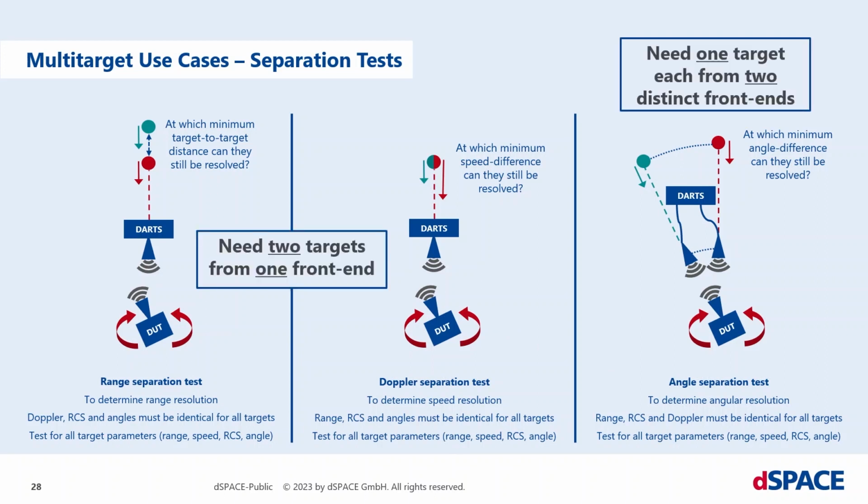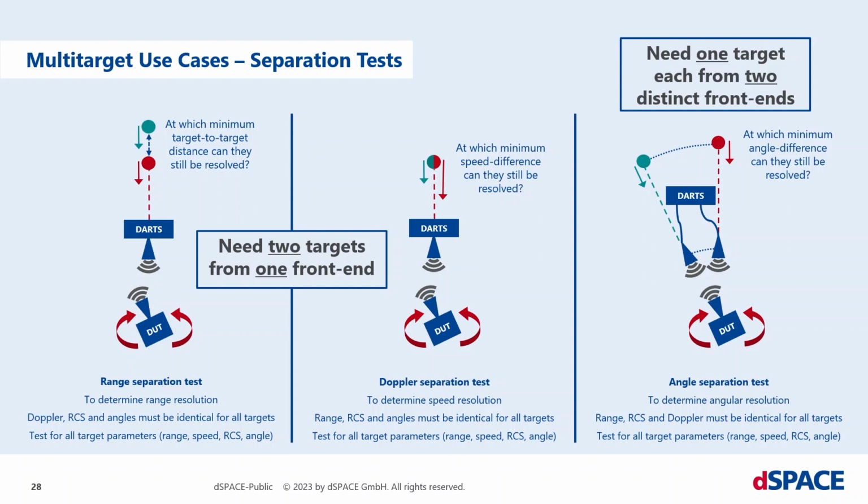And this is an important difference between the previous separation tests in range and Doppler and the angle separation tests. For the first two, we need two targets from one front end so that the angle of incidence of both targets is identical. And for the last two, we need two front ends that simulate otherwise very similar targets.